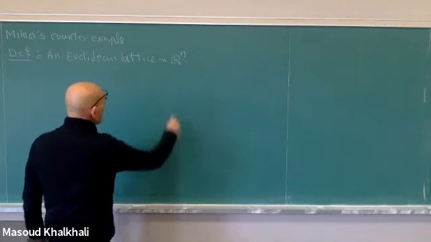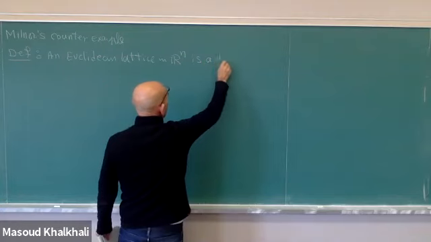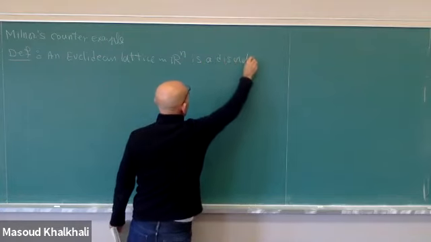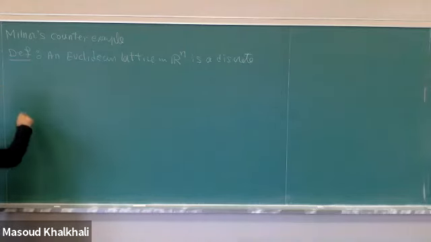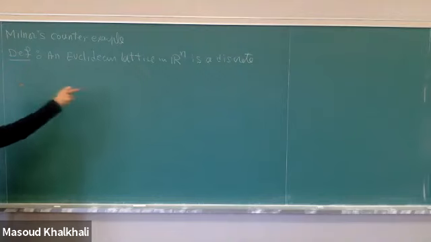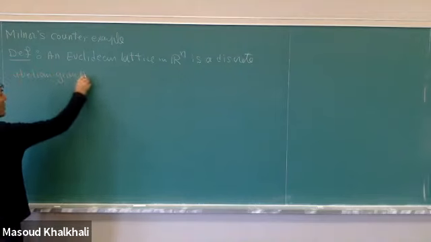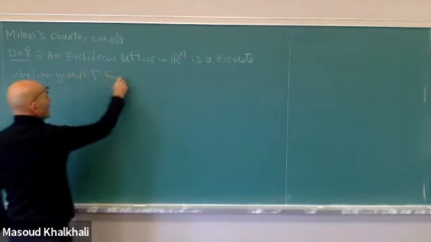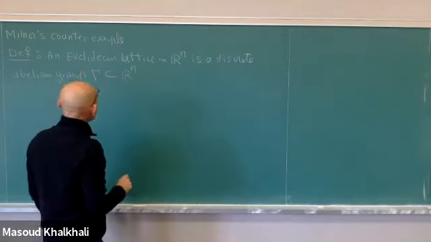It's a discrete abelian group gamma inside Rn, which is co-compact.